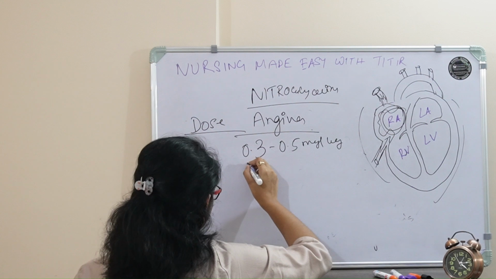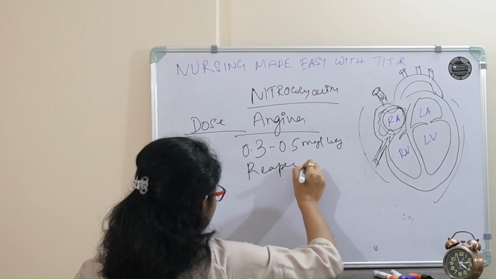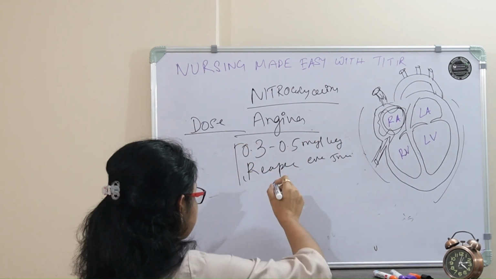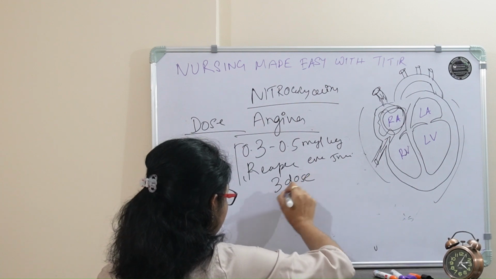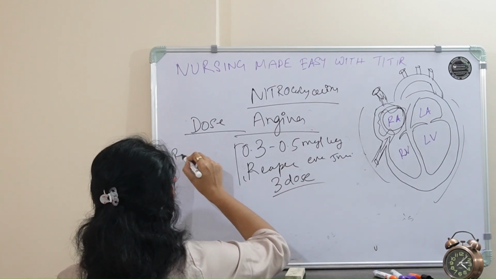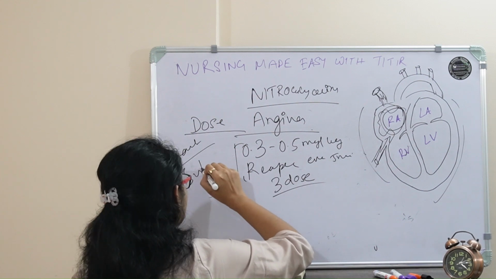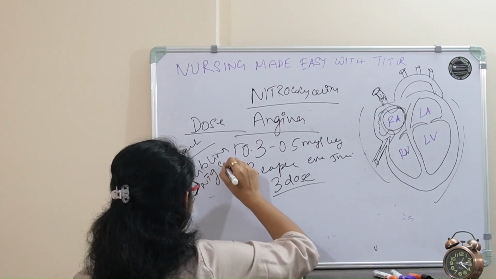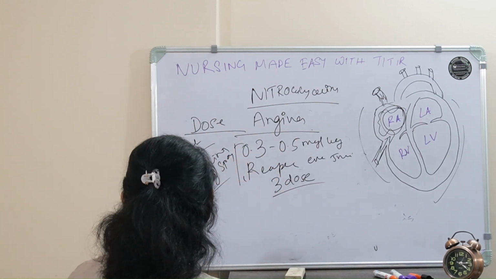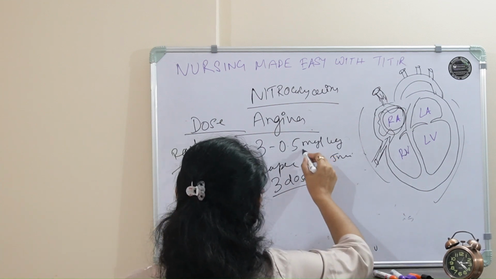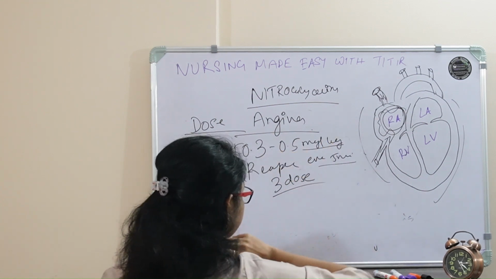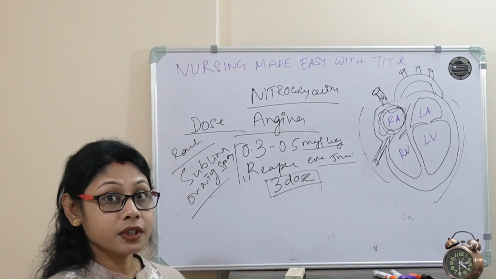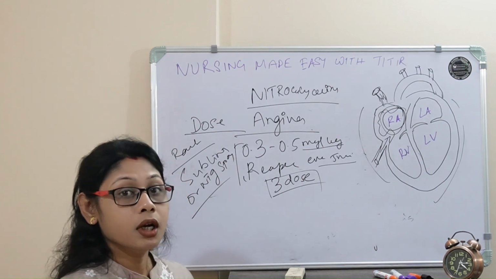We can repeat every 5 minutes interval, and we can give a maximum of 3 doses. The route will be sublingual, under the tongue, or NTG spray. After 3 doses, if the chest pain is not reduced, we have to seek medical emergency.